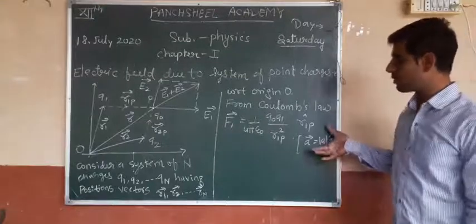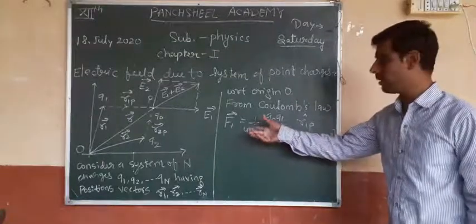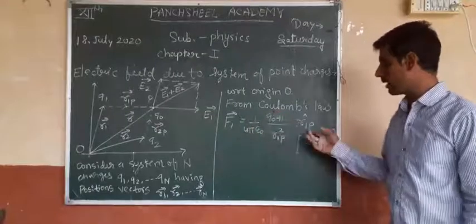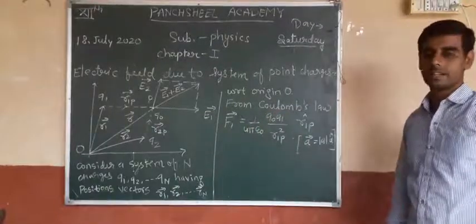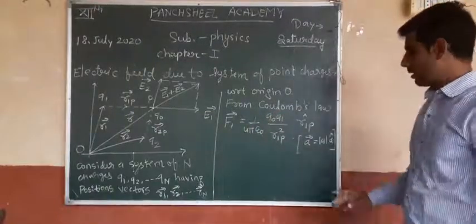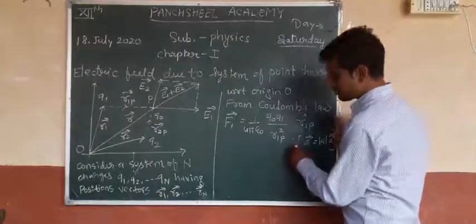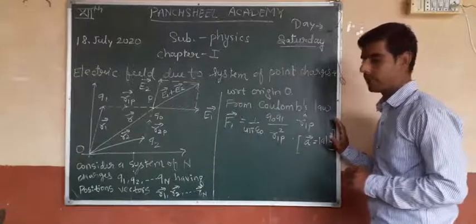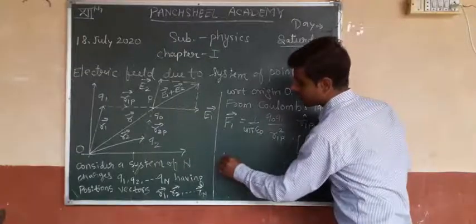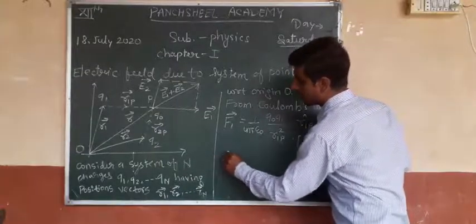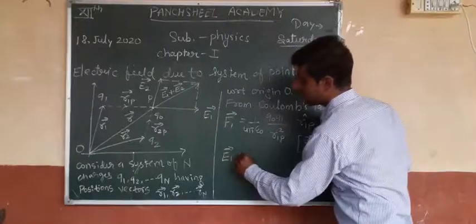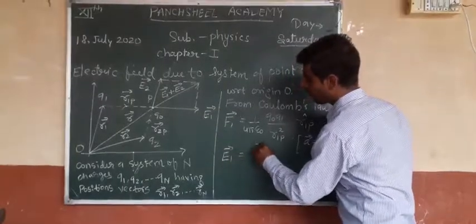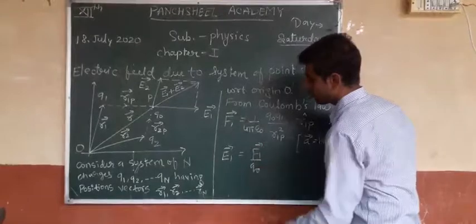From this formula I write this F1 vector; this is the magnitude and this is the direction. Now what is the value of electric field? You know that E1 vector is equal to F1 vector upon Q naught.